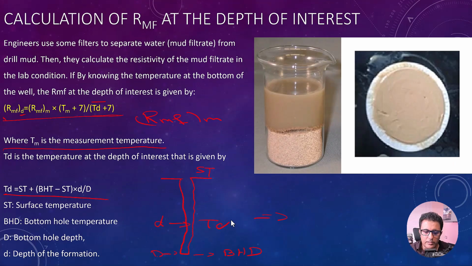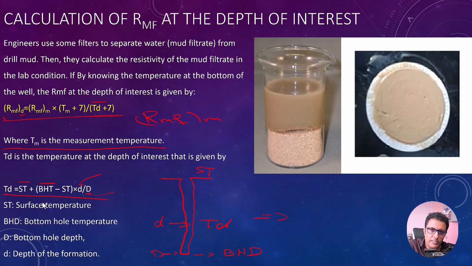here using this equation. So we have ST, that is the surface temperature. We have the bottom of the borehole temperature. And here we have the depth of the borehole, capital D. We have the depth of the formation. And using this equation, we can estimate TD. So this is how we measure TD.